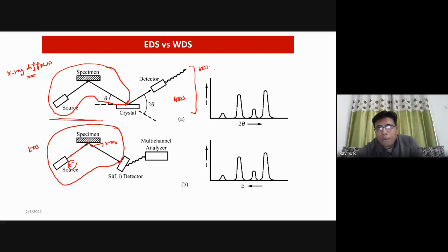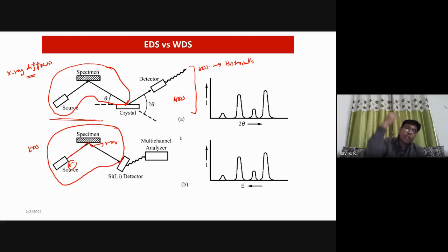Historically, WDS is the technique people found first. Energy dispersive spectroscopy was identified maybe around 40 years ago.